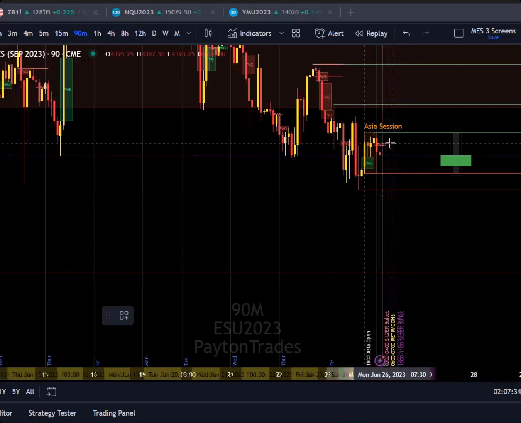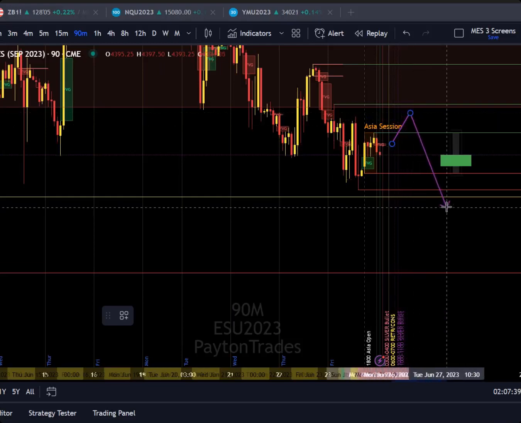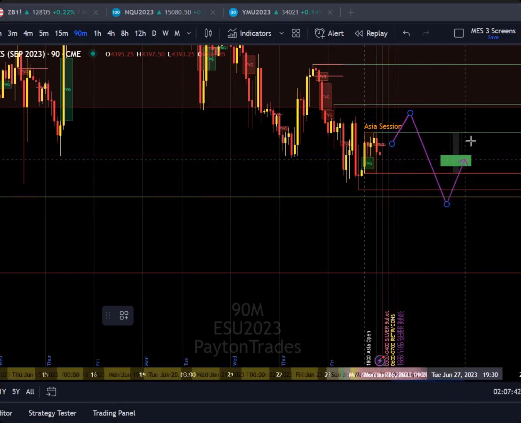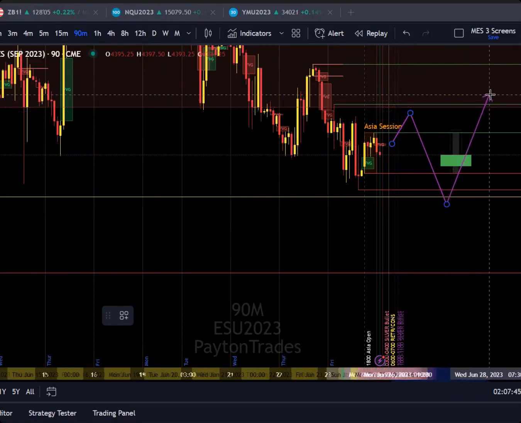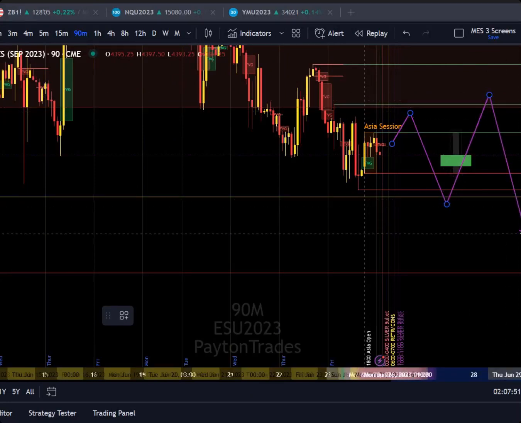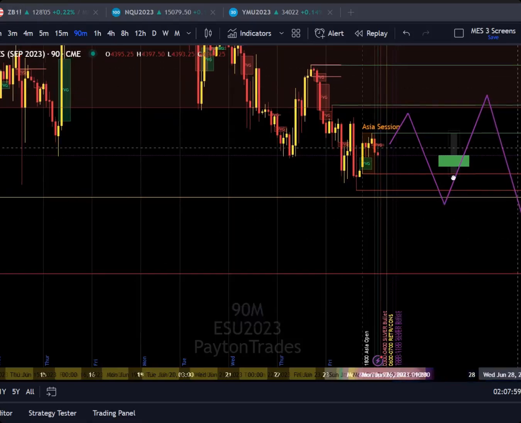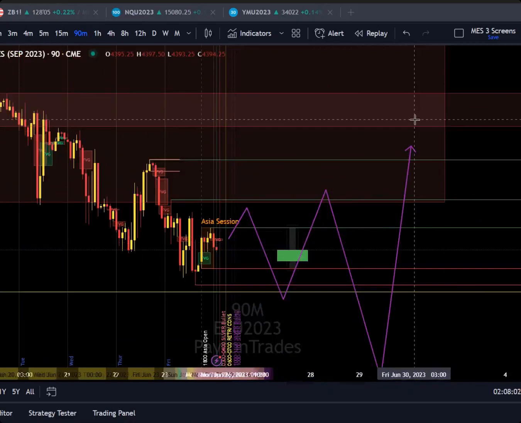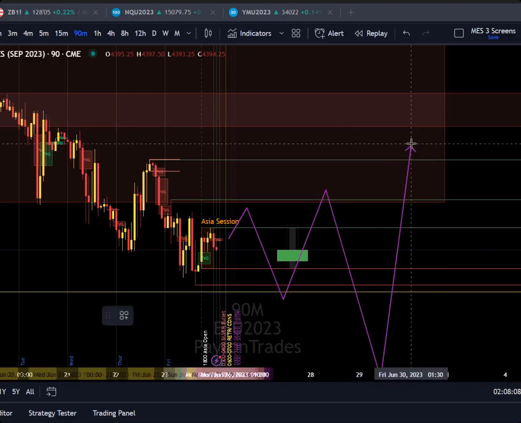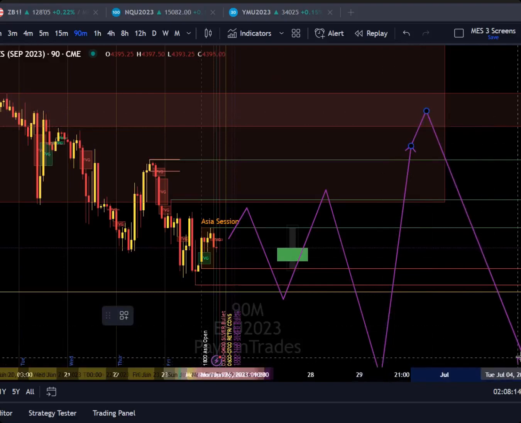It'll probably go up, break that high, come down into the green box, equilibrium of the price range, go up into the red box, which is the weekly fair value gap, come back down and break this low and that low, and then go back up into this small fair value gap to come back down. So go back up into this small fair value gap to come back down and go lower.